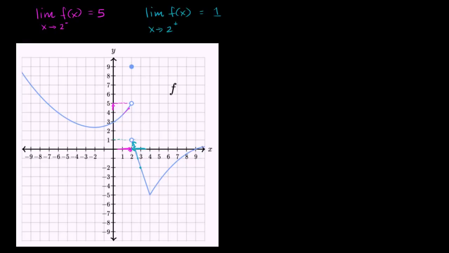So in this case, let me write this down, the limit of f of x as x approaches 2 from the negative direction does not equal the limit of f of x as x approaches 2 from the positive direction. And since they're not equal, the limit does not exist.